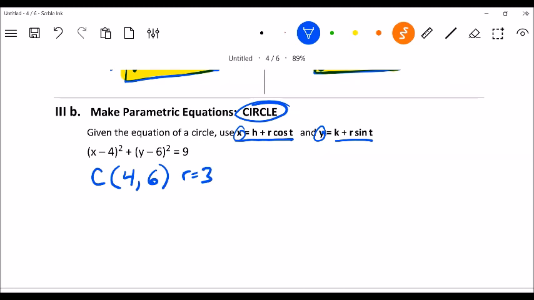All right, so that's enough information. That's our h, that's our k, and we have h and r, k and r, and that's really all we need.